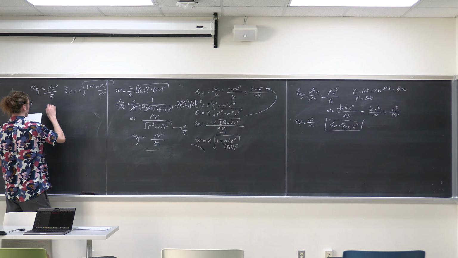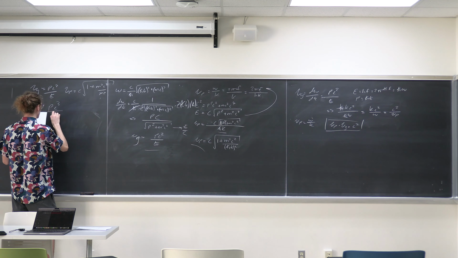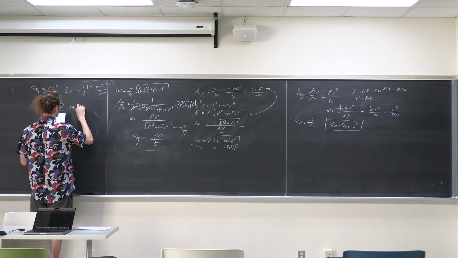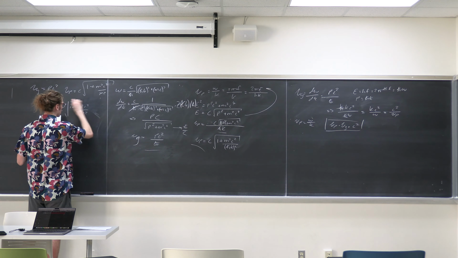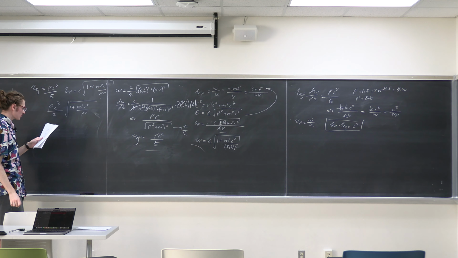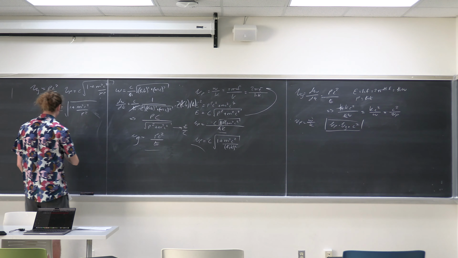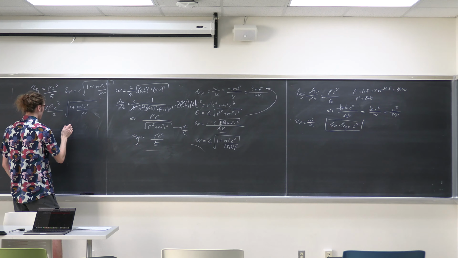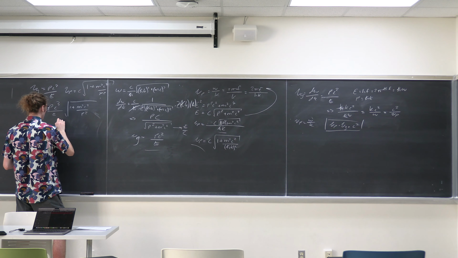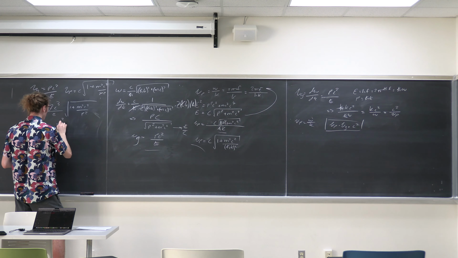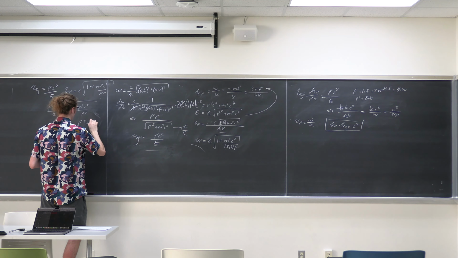And so putting these together, we get pc cubed over E, times the square root of 1 plus m squared c squared over p squared. And so I'm going to drag a factor of p out here. And so that's going to cancel. So we're just going to be left with c cubed over E times the square root of p squared plus m squared c squared.